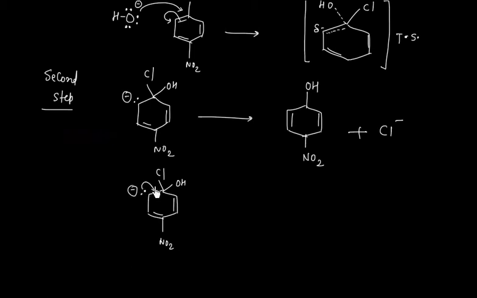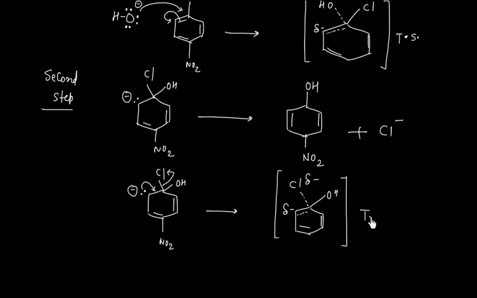So this electron cloud is pushing and this Cl goes. So in transition state we will have this carbon chlorine bond broken and this bond partially formed. This will lose negative charge. Chlorine will gain some negative charge. So this is the transition state 2.